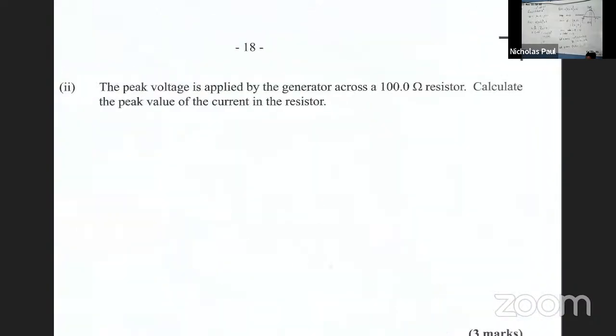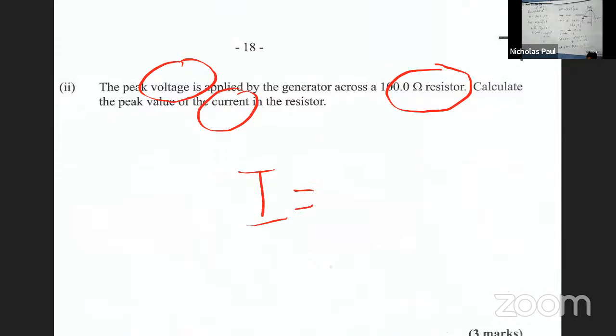Right. The peak voltage is applied to a generator. They give you the resistance. I know I didn't show you this as yet, but you have voltage, you have resistance, and you want to find current. What's the formula you're using to find current? I is equal to V over R. Are you okay with that?